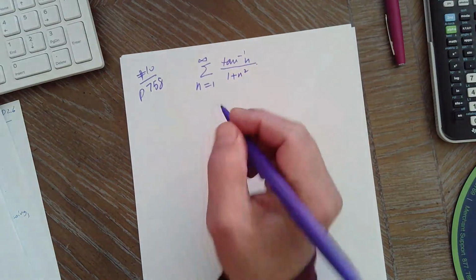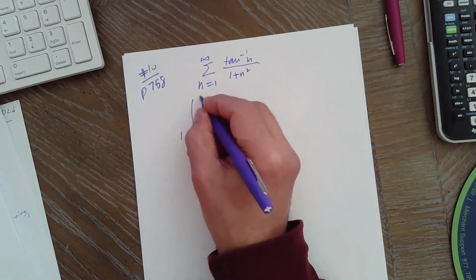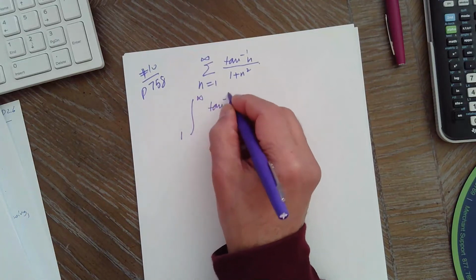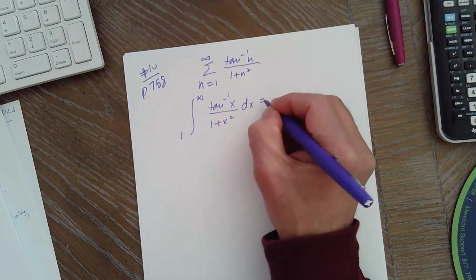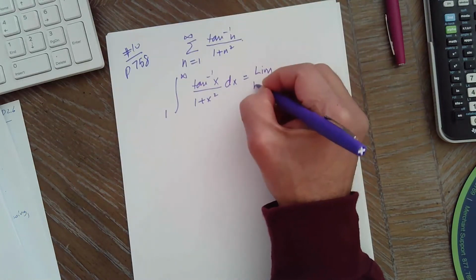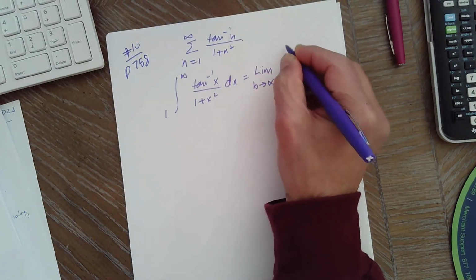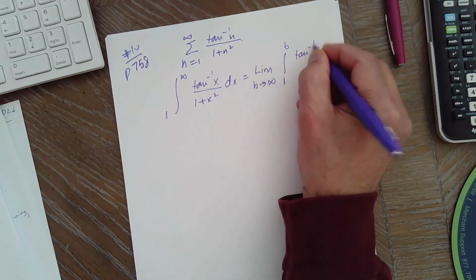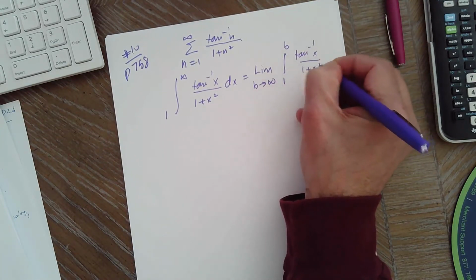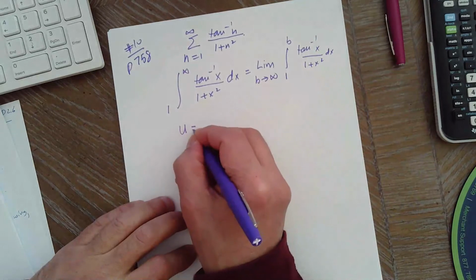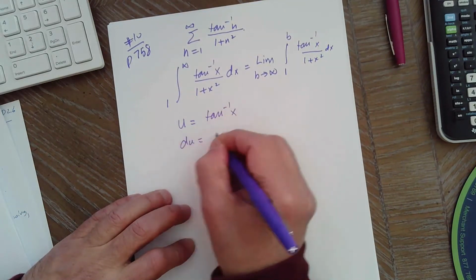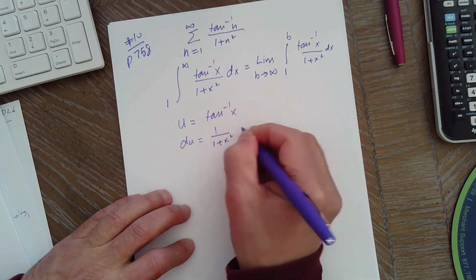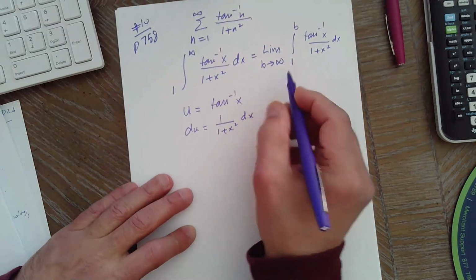Okay. So we're going to do the integral from 1 to infinity of tangent inverse x over 1 plus x squared dx, which is the limit as b goes to infinity of the integral from 1 to b of tangent inverse x over 1 plus x squared dx. If we use the substitution u equals tangent inverse x, then du is 1 over 1 plus x squared dx.